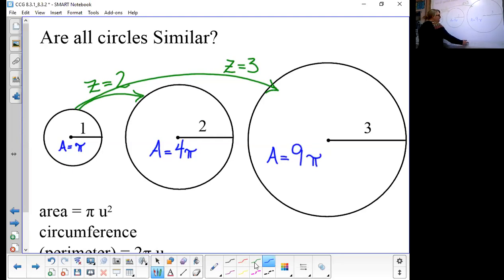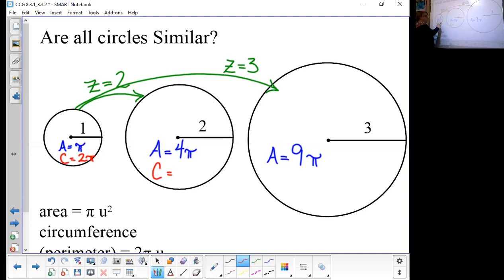Okay, my circumference, which is what we call the perimeter of a circle, for this was 2 pi. All right, my zoom factor is 2. A circumference is another measurement just of length, same with perimeter, it's just a length. So I would take my circumference and multiply it by just the zoom factor by itself.